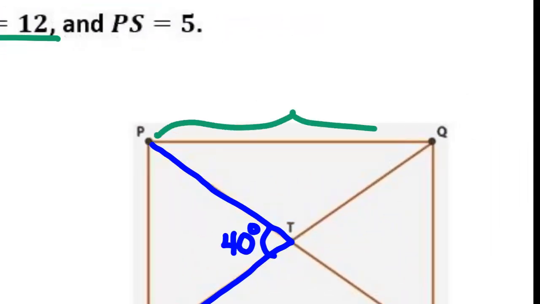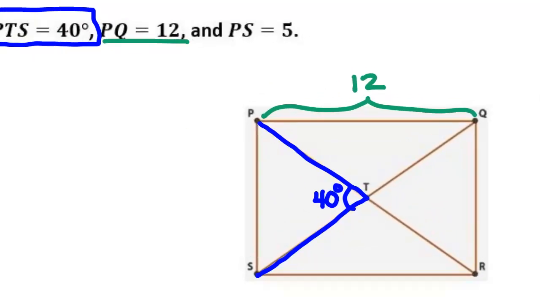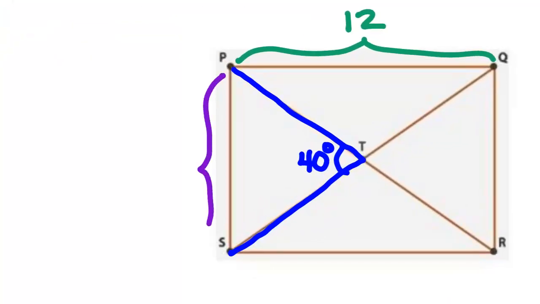So this side right here is 12. And PS is 5. So right here is 5. Using just that information, we need to find the measure of angle PTQ, the measure of angle PQT, the measure of angle TRQ, the measurements of PR and TQ.